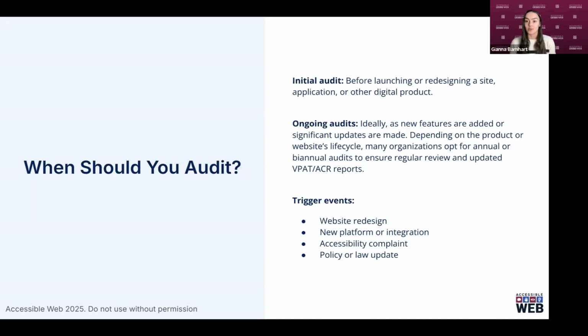And this year we're seeing a lot of that here at Accessible Web, with Title II coming into play, the recent implementation of the EAA this past June, and then the approaching EAA deadline in 2030. So there are quite a few laws and updates that have happened that are motivating people to seek out audits and get ACRs or VPATs, often for the first time at this point.